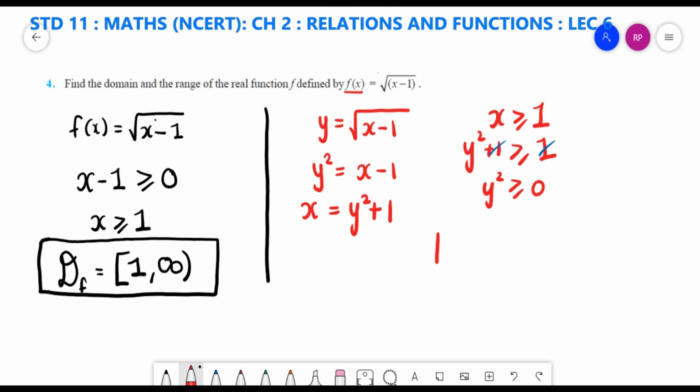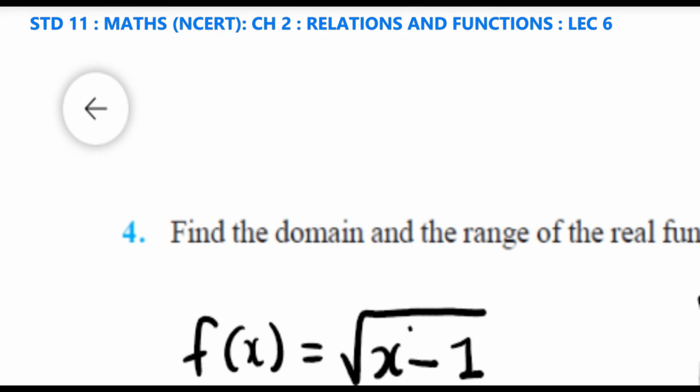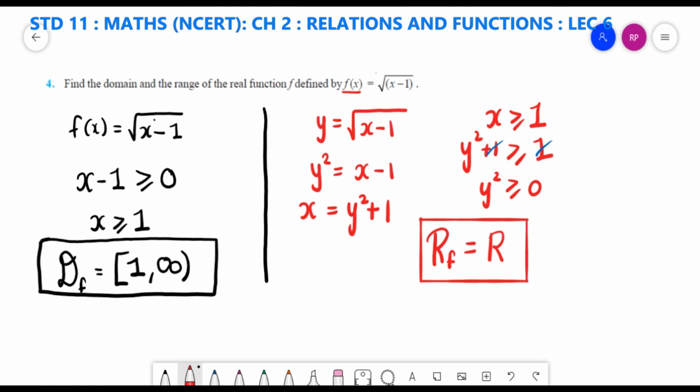So that means the range of the function is R. Whatever value of x we take which is greater than or equal to 1, you can get your answer belonging to the real numbers R. So the range of the function is R. Clear? So note down question number 4.